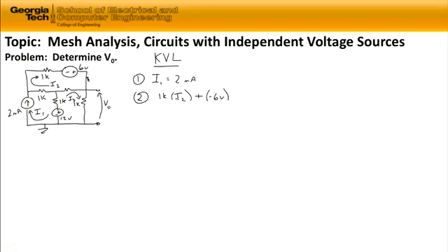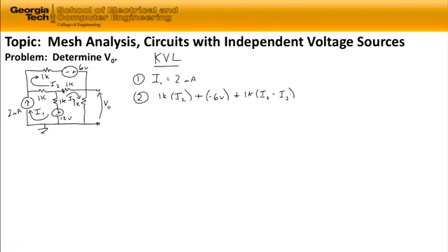We continue around our loop. The next resistor we encounter is a 1 kilo ohm resistor, and the current as we're traveling counterclockwise around loop 2 would be I sub 2, which is flowing in the same direction, minus I sub 3, which is also flowing through the 1 kilo ohm resistor but in the opposite direction. So it's plus 1K times I sub 2 minus I sub 3.